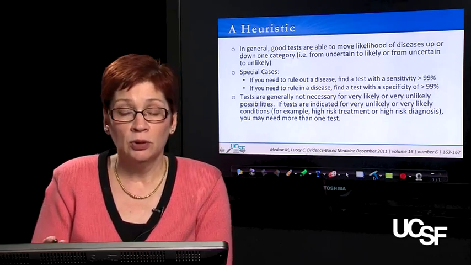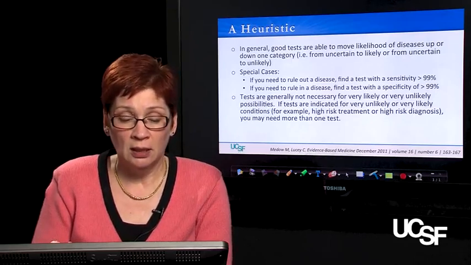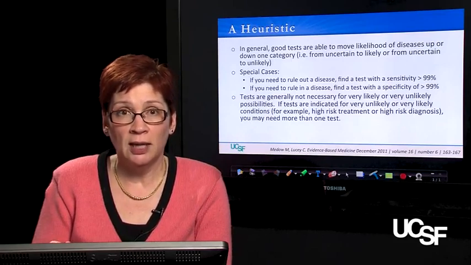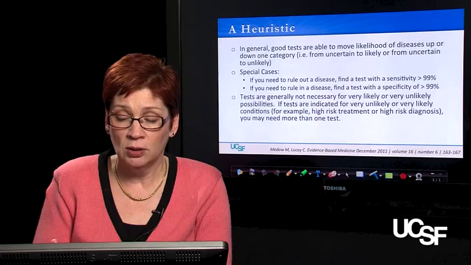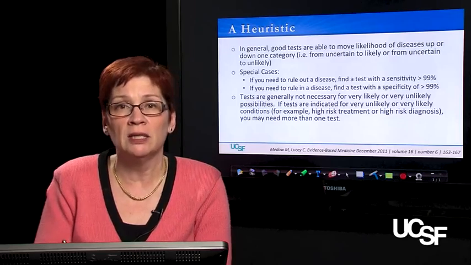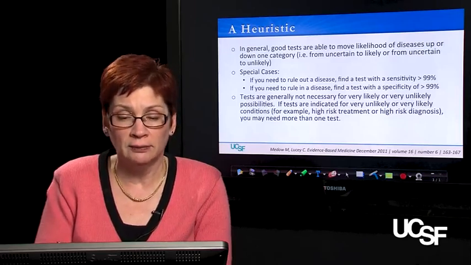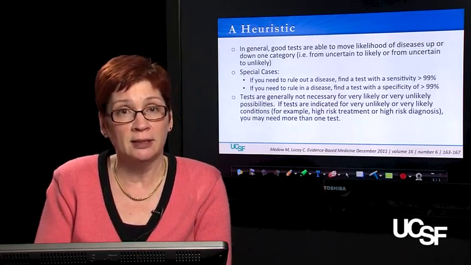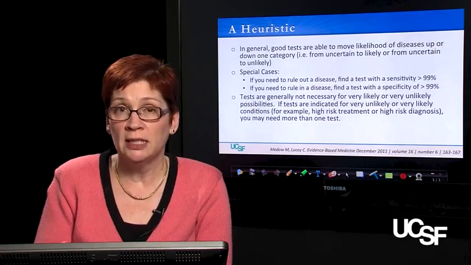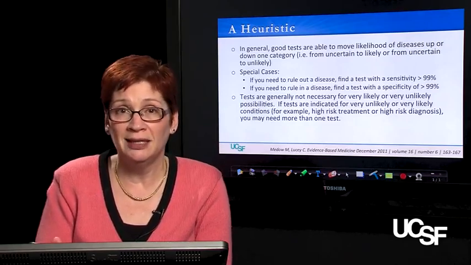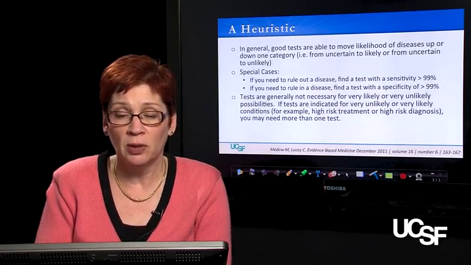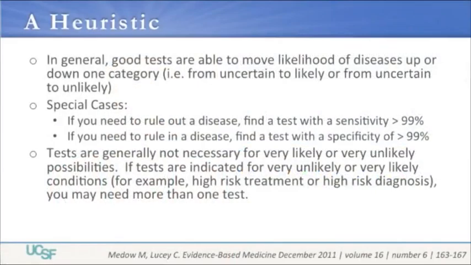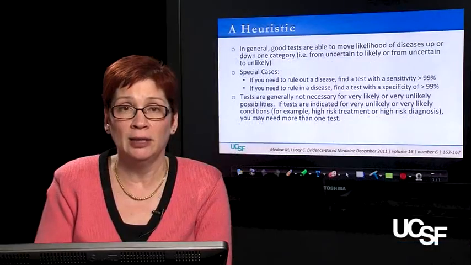So the heuristic or rule of thumb was something that Mitch Meadow and I came up with in working on this course, and it's published in that evidence-based medicine article that I referenced earlier on. In general, what we say is that good tests with good sensitivity and specificity, generally greater than 85% for both of them, are able to move the likelihood of disease up or down one category on our likelihood bar.